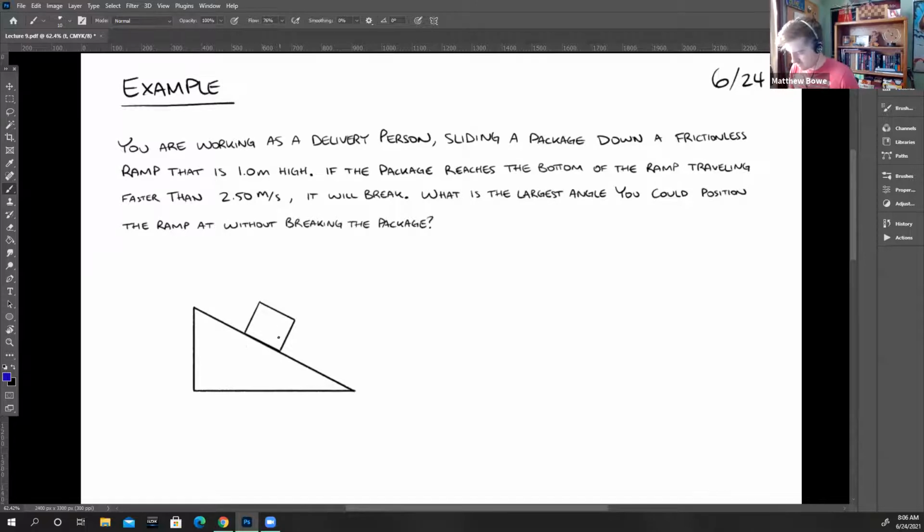So this is sort of mid process. We're going to assume the package starts at the top of the ramp. It's going to slide the whole way down till it hits the end of the ramp. The ramp is angled. Let's write the angle in here. Some angle theta.